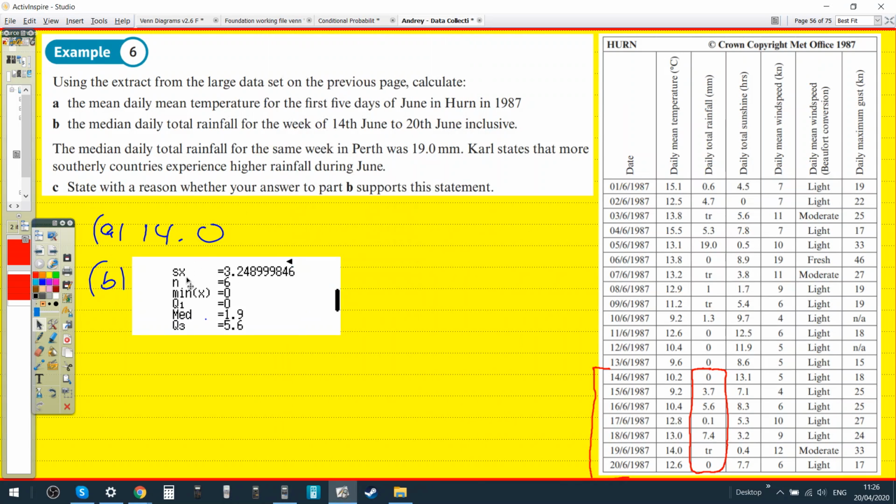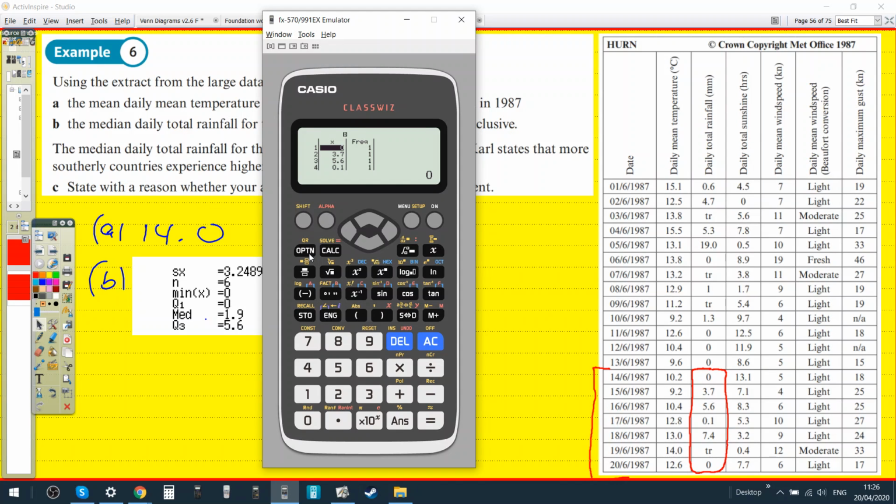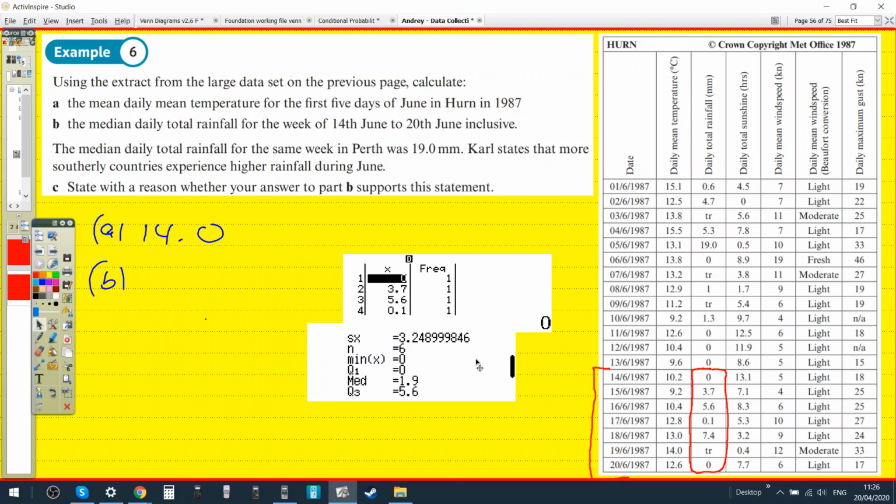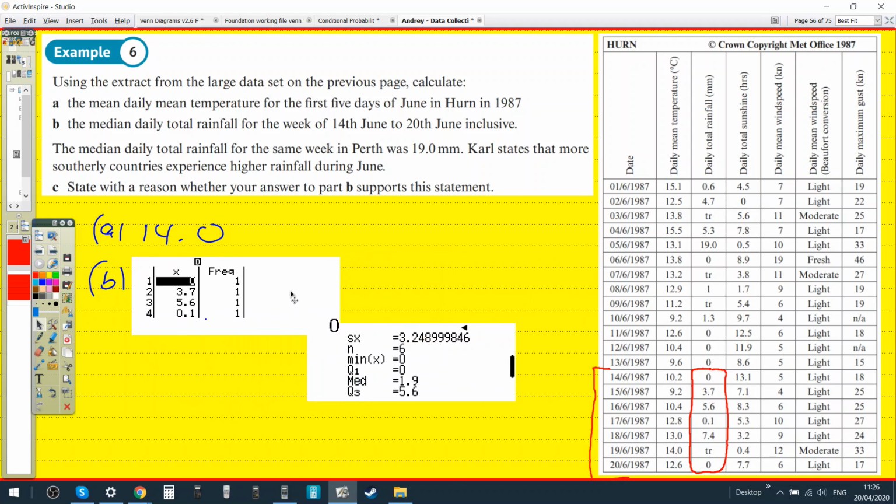And I pressed option and then 3 for one variable calc. And I got all these numbers. X bar is the mean up the top. And I pressed down, and you can see lower quartile, median, upper quartile. And so my median says 1.9. And you're telling me 1.9. Looks good. So for simple data, that works. And C.